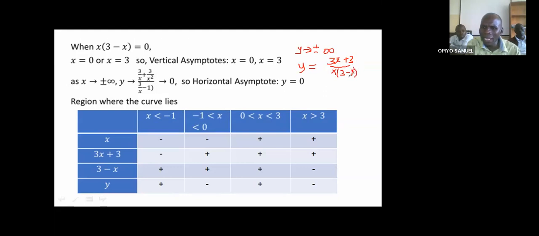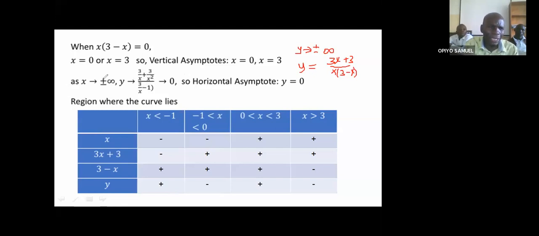So when you look at this, the highest power of x, when we take x inside the bracket from the denominator, will be 2. So we divide every term in here by x squared. That's why we now have 3 out of x, because initially this is 3x, then plus 3 out of x squared. Then here we shall have 3 out of x minus 1.